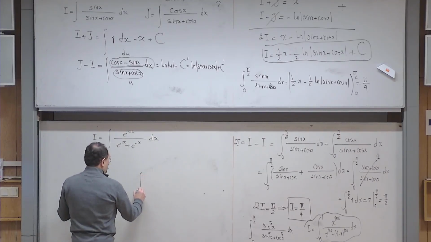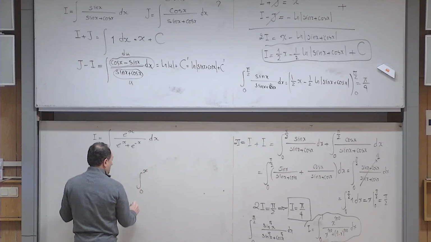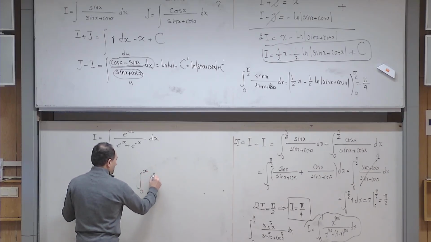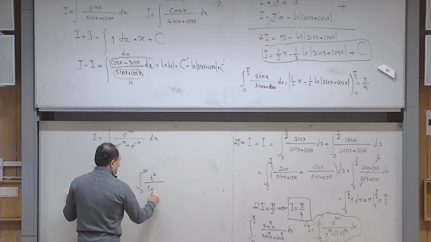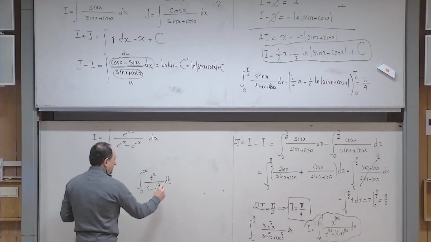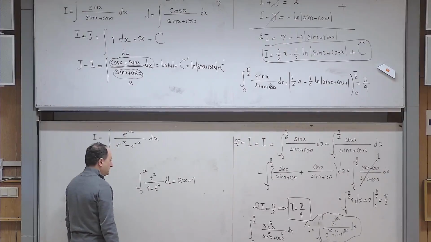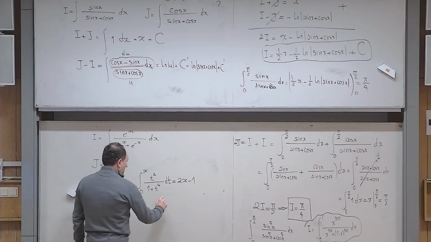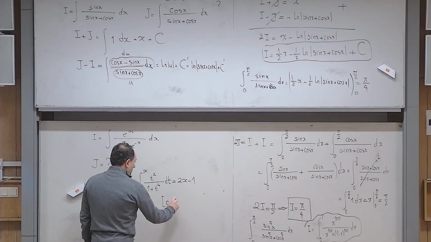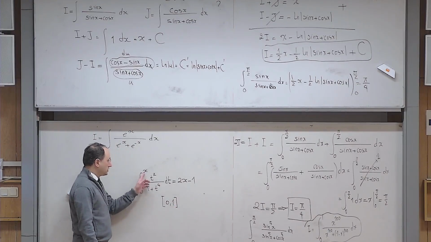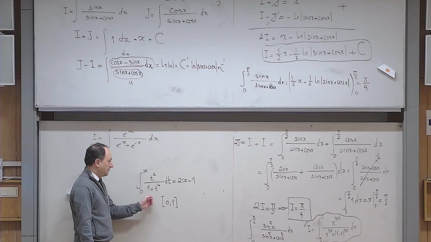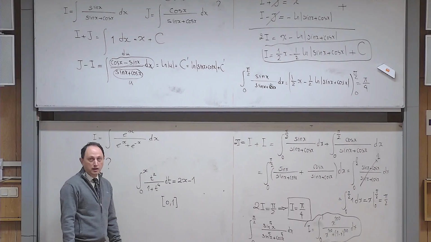In that problem, we had this equation, integral from 0 to x, t squared over 1 plus t to the power of 4 dt equals 2x minus 1, if I remember correctly, something like that. And we were supposed to see how many solutions for x this equation has on this interval.